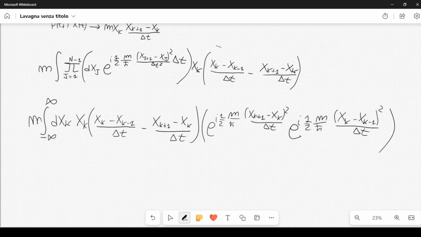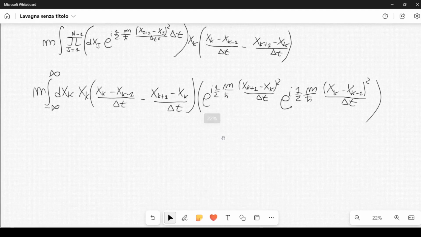So the integral over this part is only related to the integral over dx_k, because all the other integrals can factor out. You get a multiplication of all the integrals with such terms, without this part that we are going to consider with the integral over dx_k, of course.